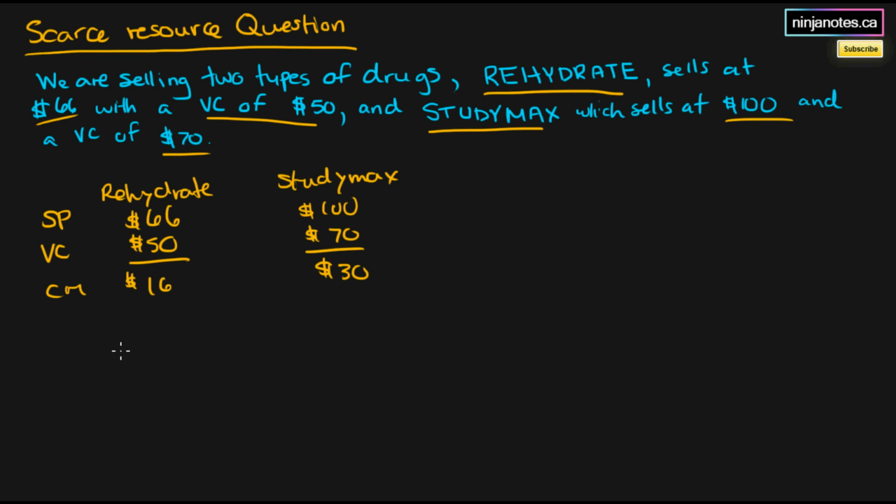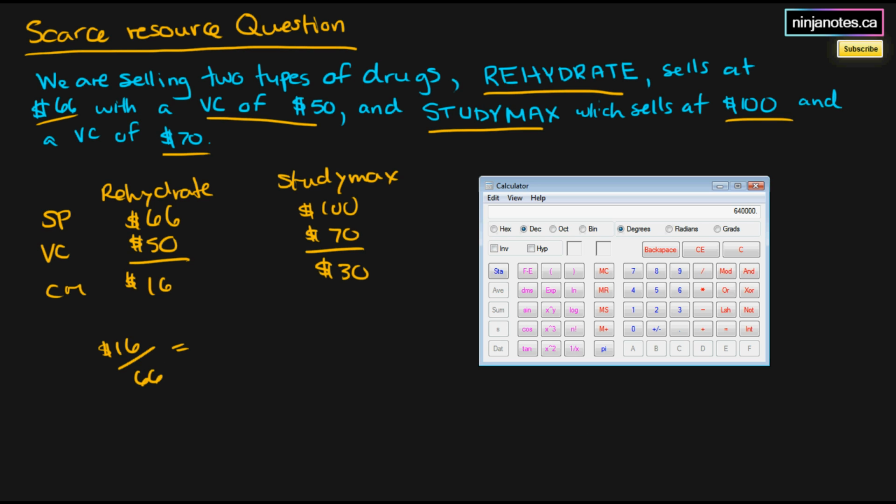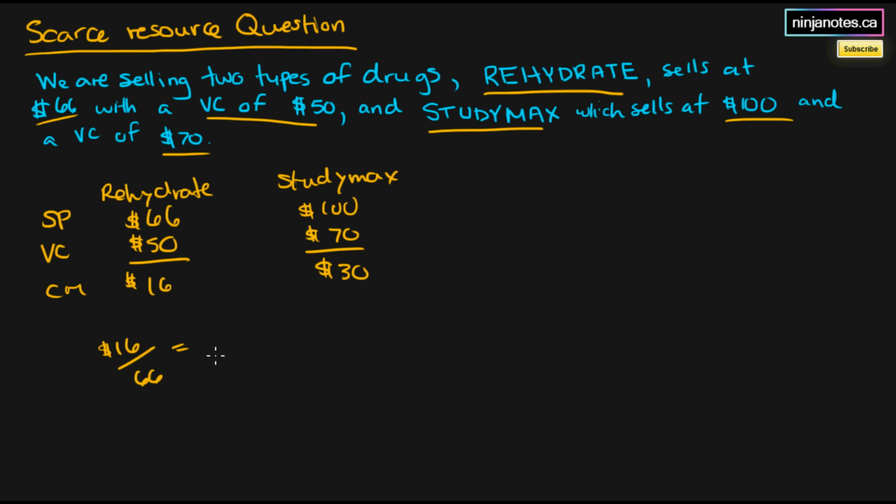Now, to get the ratio, you just do 16 divided by 66, which is the contribution margin divided by the selling price. 16 divided by 66 is 0.24 rounded down, which means that for every $1 of sales generated, we're going to collect 24 cents of contribution margin.